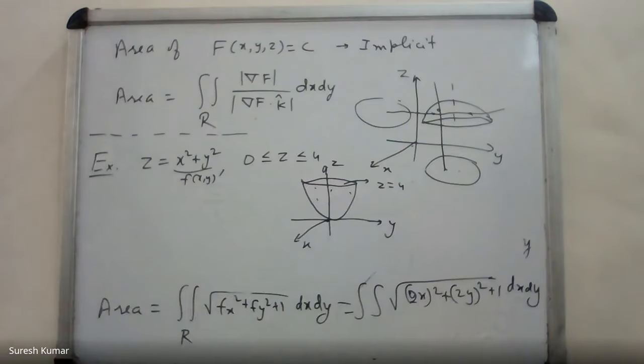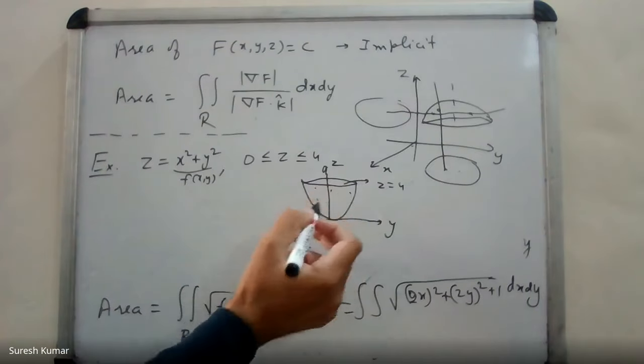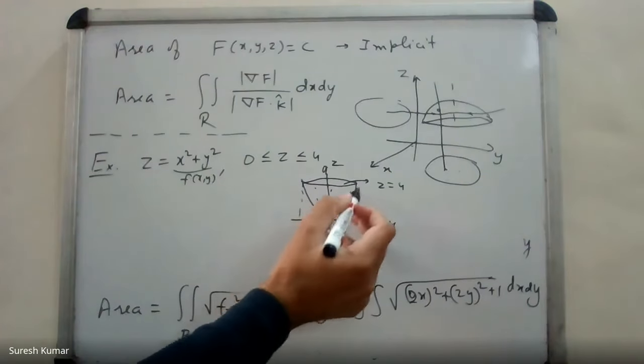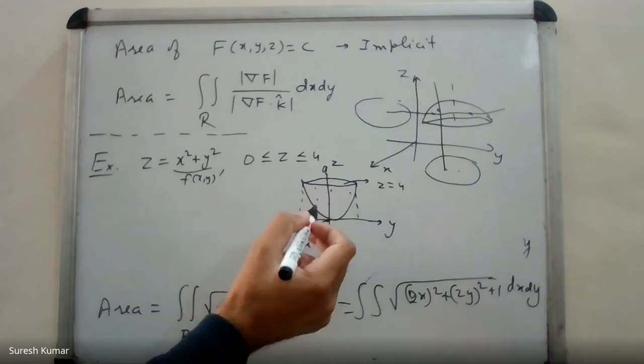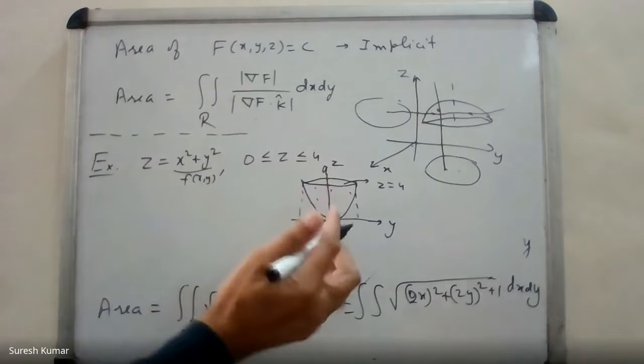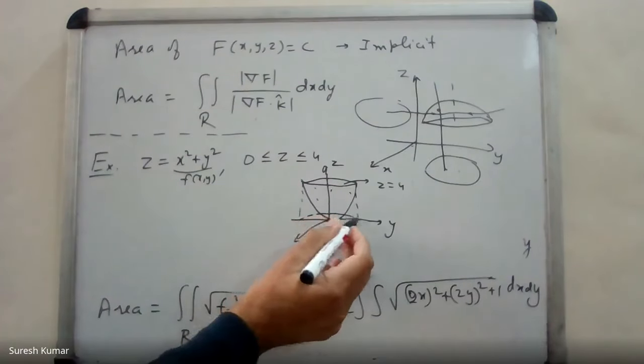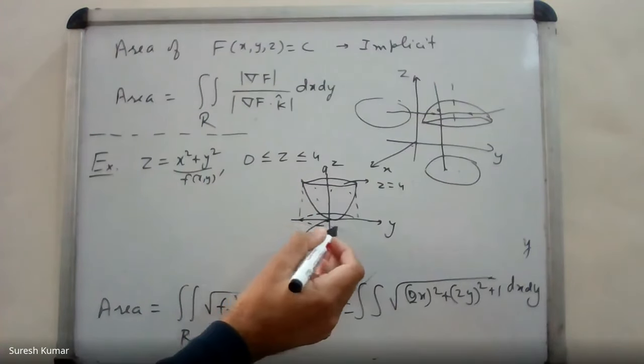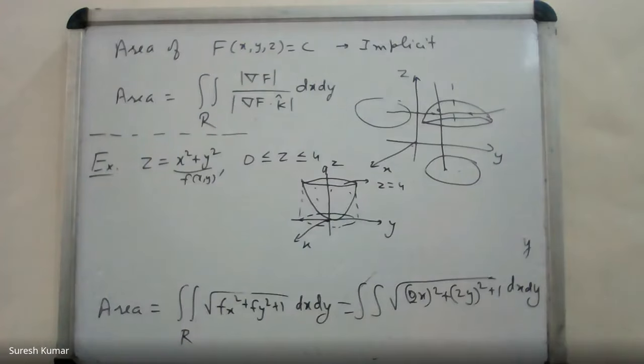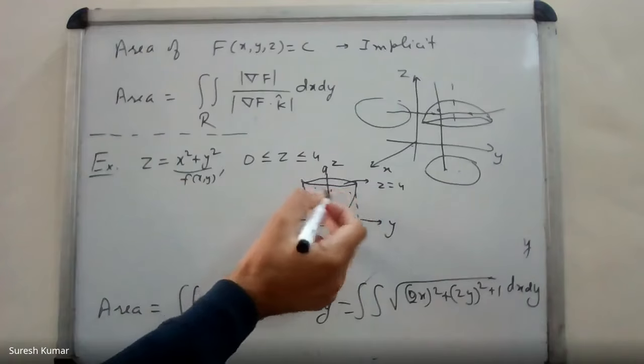Now, to see the variation of x and y, project your surface on the xy plane. What do we get? Projection of the surface on the xy plane. You get the same circle.